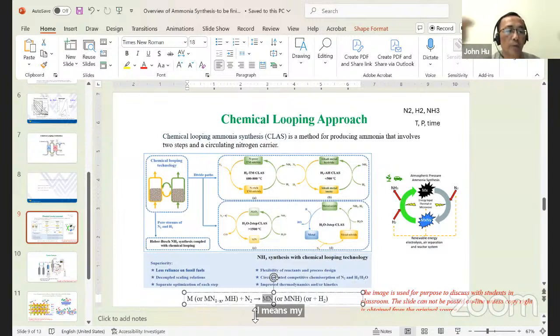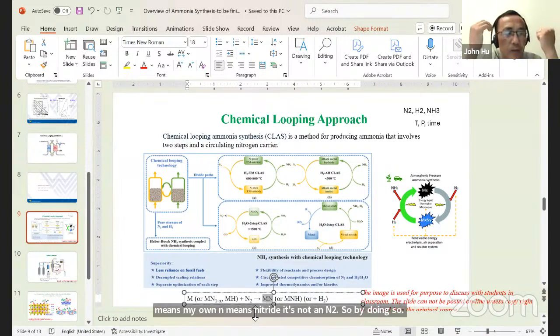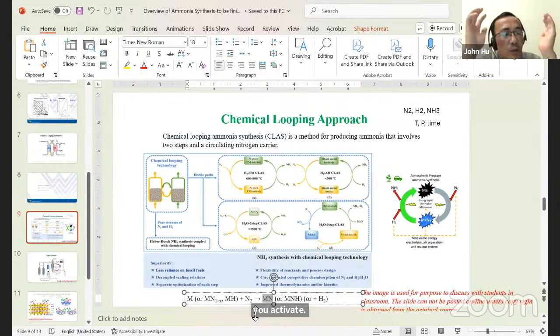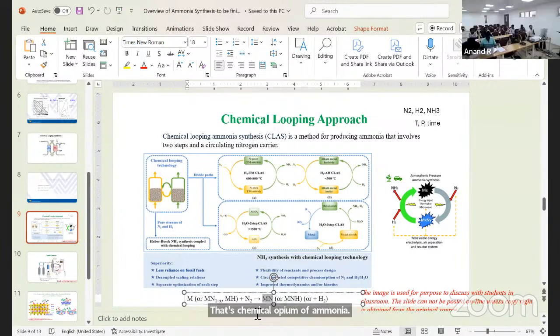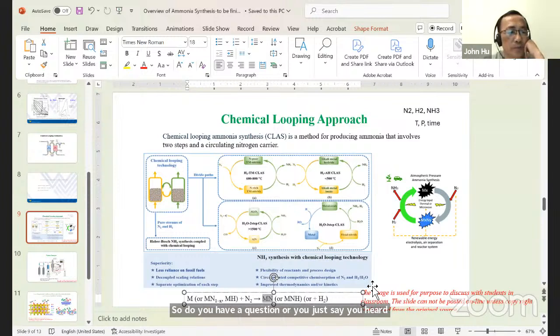By doing so, you activate N2, but the N2 is bonded with the metal. You follow me? But you have to release it. When you release it from the metal, you react with hydrogen. That's chemical looping of ammonia. Do you have a question, or did you just say you heard about the chemical looping of ammonia?